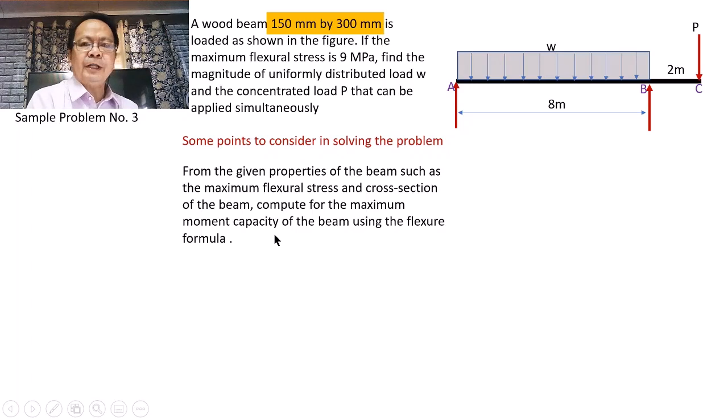So we already have derived the flexure formula kung saan if we have a rectangular beam, so we can simply compute for the maximum moment capacity ng beam using the formula 6M over BD squared, na kung saan yung M doon yung kanyang maximum moment na pwedeng i-resist, no?